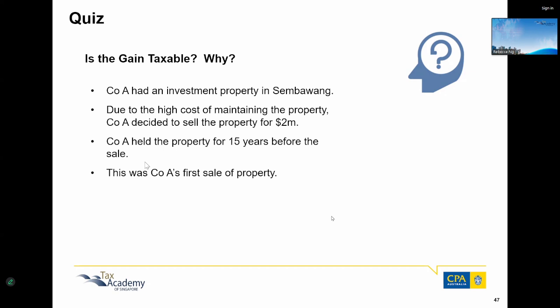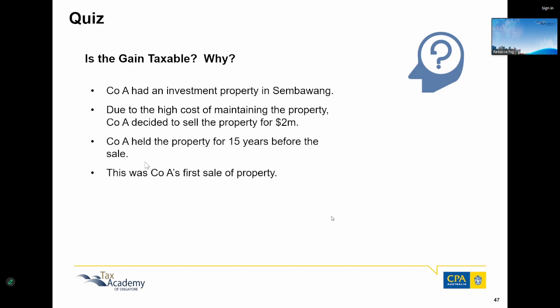If it is a first sale of property and there's no general pattern of trading, it will also indicate that this investment property is not for trading, and the gains are also not taxable. Then we look at the supplementary work in connection with the property realized, and if there's any supplementary work done to bring the property into more marketable condition, that is not provided here. We can consider that as well.